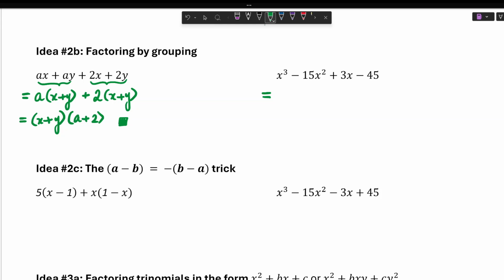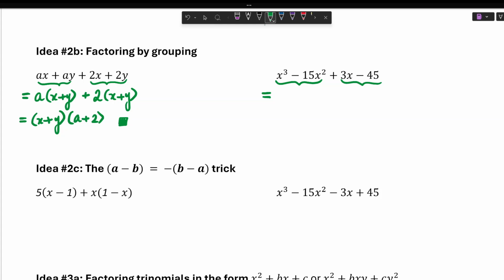We have x cubed minus 15x squared plus 3x minus 45. You'll notice that if you group it like this, within each of those, you might expect a common factor because the ratio 1 to 15 is the same as the ratio 3 to 45. So let's try to take out the common factors from each of these pairs.